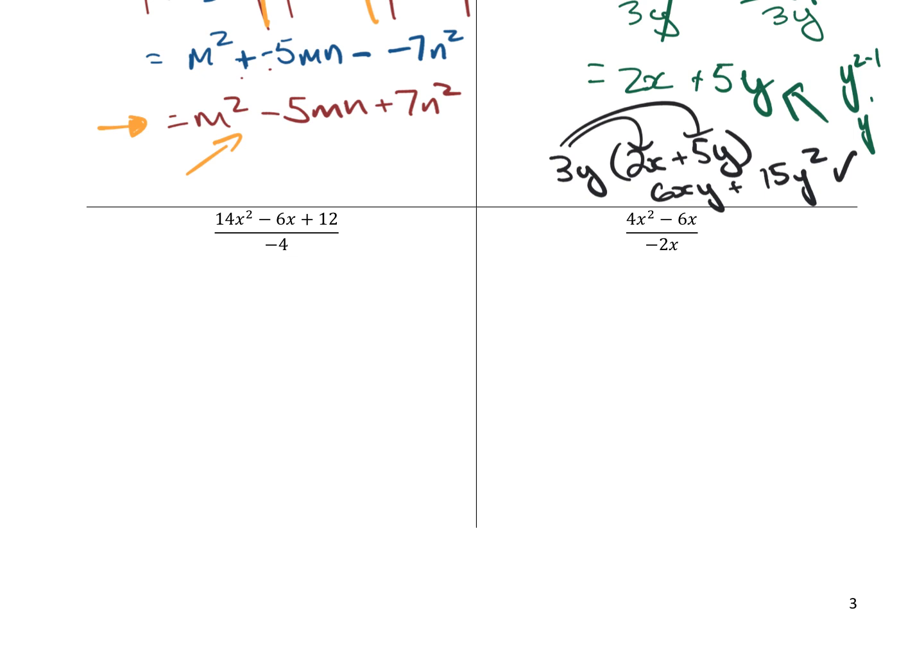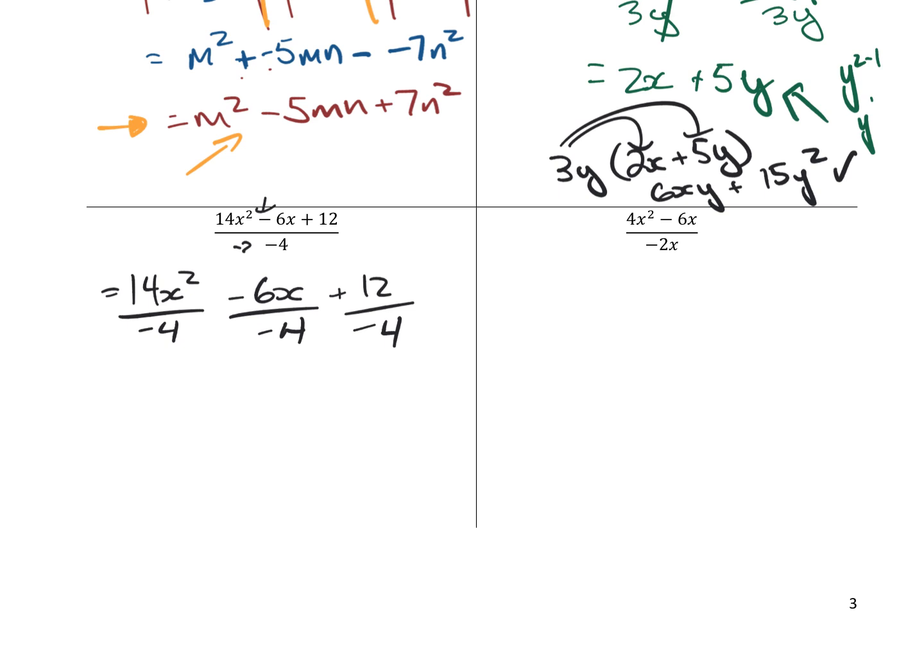All right, let's look at the next one. Again, we have negatives now, so we have to watch those. I'm going to write this out: 14x squared divided by negative 4 minus 6x divided by negative 4 plus 12 divided by negative 4. So 14x squared divided by negative 4.